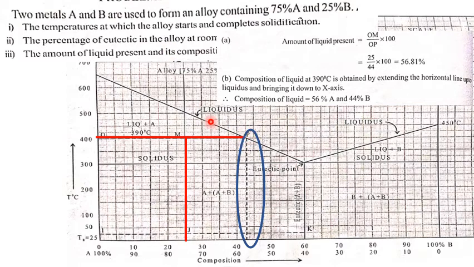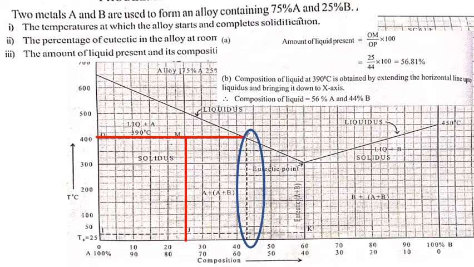So OM divided by OP. Measuring, it's 25 divided by 44 into 100, so 56.81. So easily we can write the composition is 56% A and 44% B, and the amount is 56.81 percent.